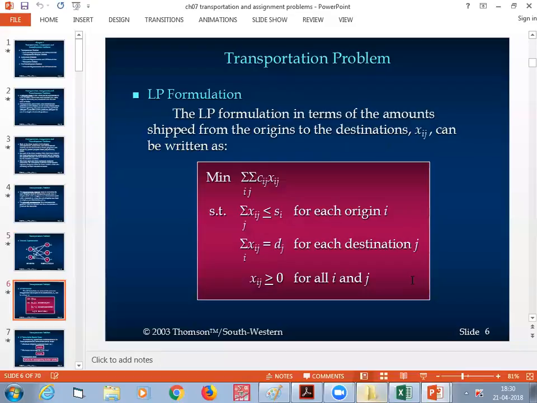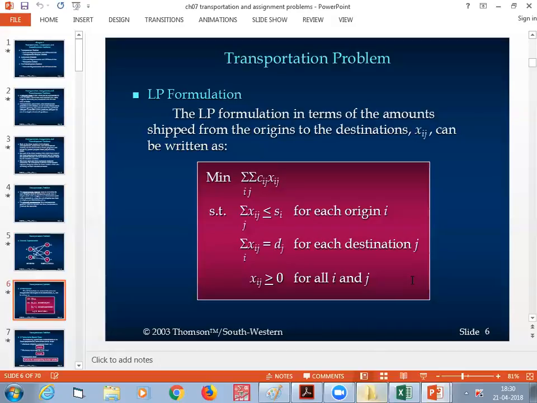Xij is the quantity to be shipped from Si to Dj. And so the total cost becomes Cij multiplied by Xij summed over all supply points, all demand points. So if one unit is shipped from i to j, the cost is Cij. Since Xij units are shipped, it's Cij times Xij. And this is summed over all supply points, all demand points.